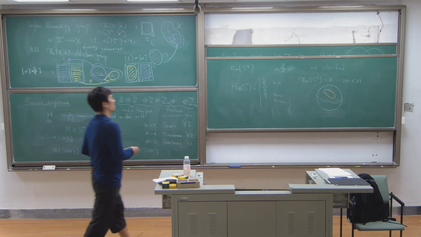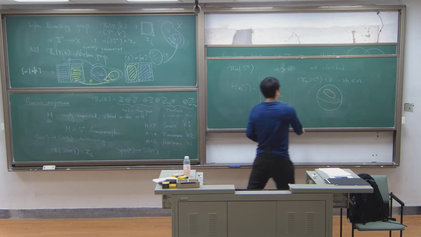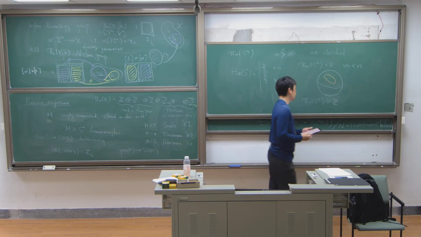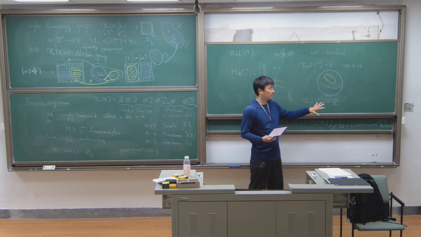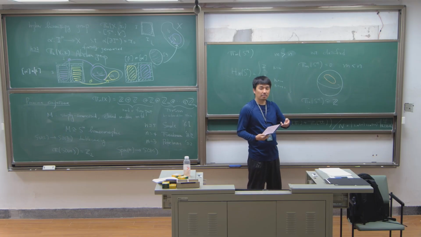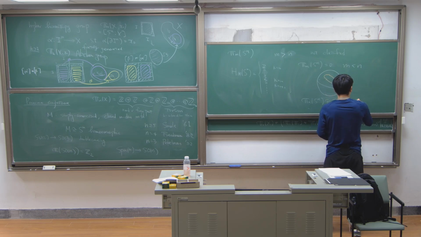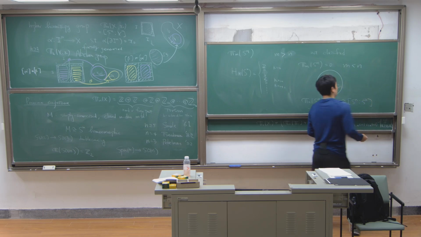Okay, and so pi_n of Sn is just Z, it's just the mapping degree. How many times you wrap Sn by Sn.